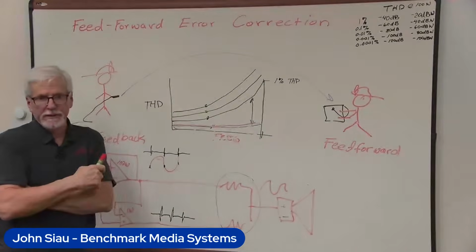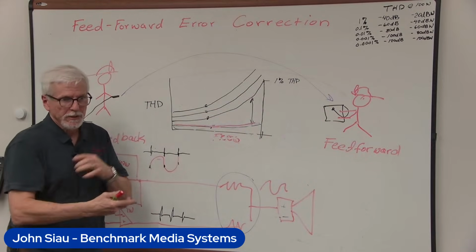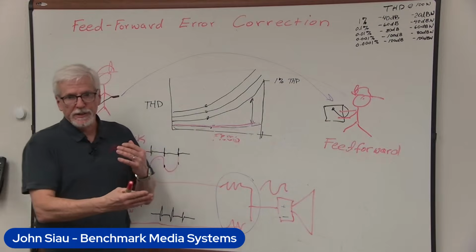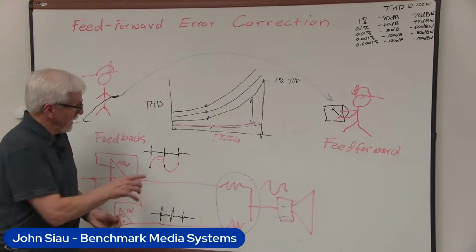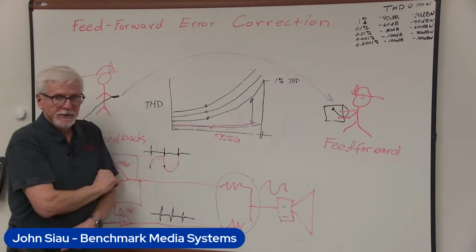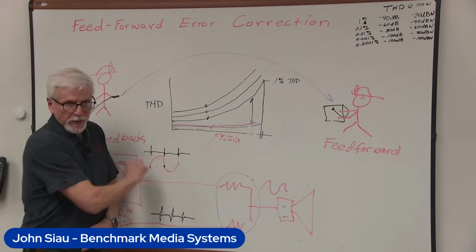And the other thing that's interesting is crossover distortion. As you start driving difficult loads, capacitive loads or inductive loads, and speakers are a mixture of inductance and capacitance, the crossover distortion happens at 0 volts when you're running a resistive load.